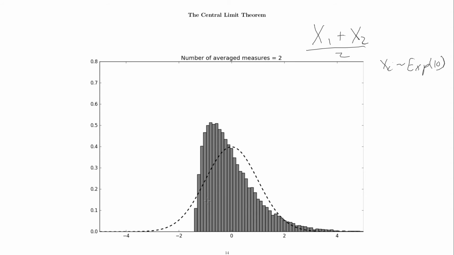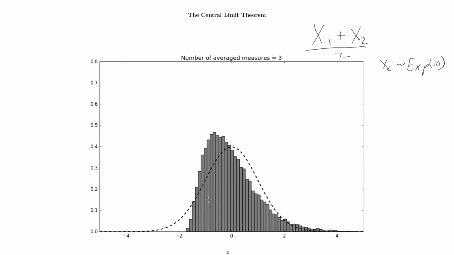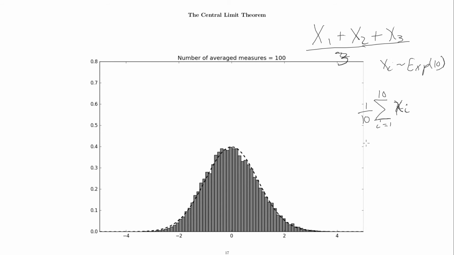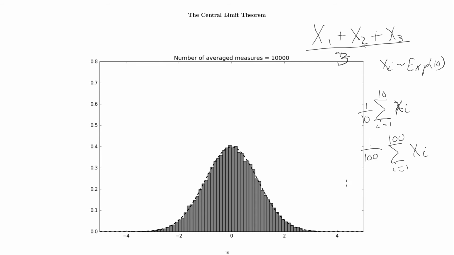Then for 3, again, add x3. Then for 10, this time we're summing from i equals 1 to 10 of x_i, times 1 over 10. Then we got 100, 1 over 100, sum from i equals 1 to 100 of x_i. And finally 10,000.